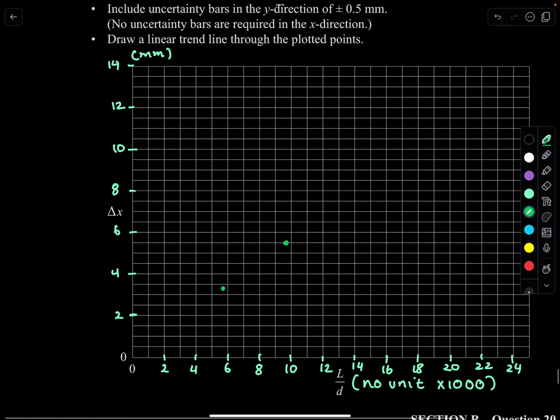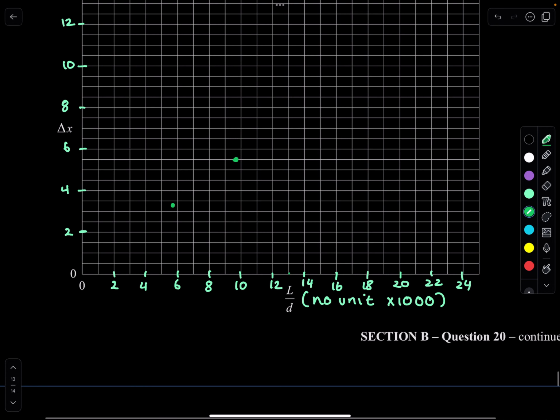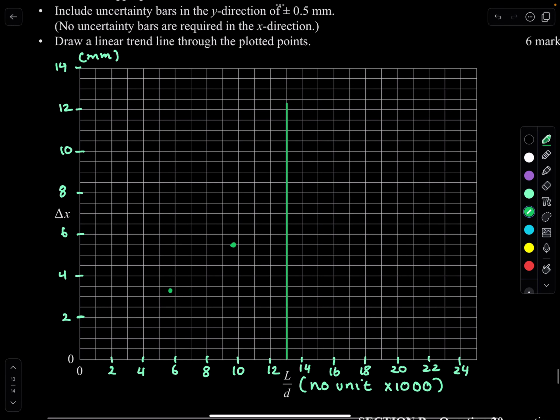Next one. 13. So 13 is basically here. So 13, 7.7. So 7's here, 7.5, and 7.25 is around there, midway through that. I'm going to rub that out.